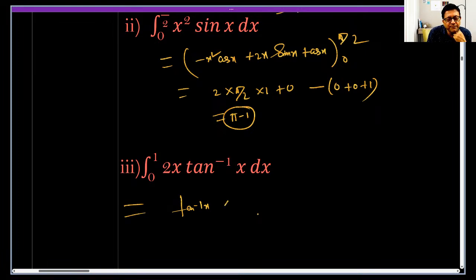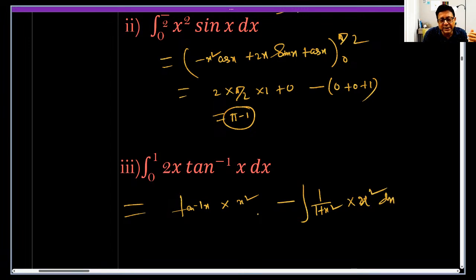Tan inverse x, you take as first function, 2x integration is x square. 2x square by 2 gets cancelled, minus derivative of tan inverse x is 1 by 1 plus x square. 2x integration is x square only, dx. Okay?